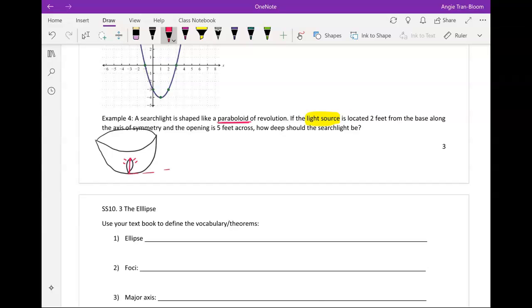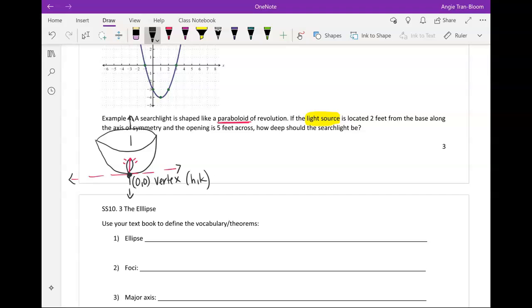So we're going to make the base at the origin because it's just the easiest location. So the base is at the origin, (0, 0), which is your vertex, which is your (h, k). So when the base or the vertex is at the origin, h and k will always be 0, 0.